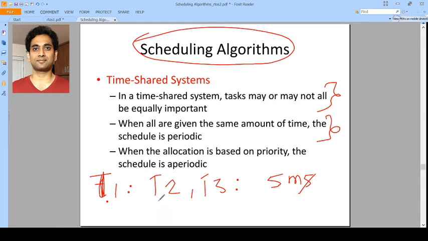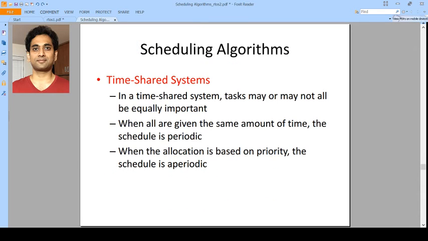When T1 completes, T2 completes, and T3 completes, then T1 comes back after 15 milliseconds, T2 comes back after 15 milliseconds, and T3 comes back after 15 milliseconds. Then such a schedule is periodic. When the allocation is based on priority, when the time allocation is not equal, then such a schedule is not periodic. These tasks do not repeat at a regular interval of time.